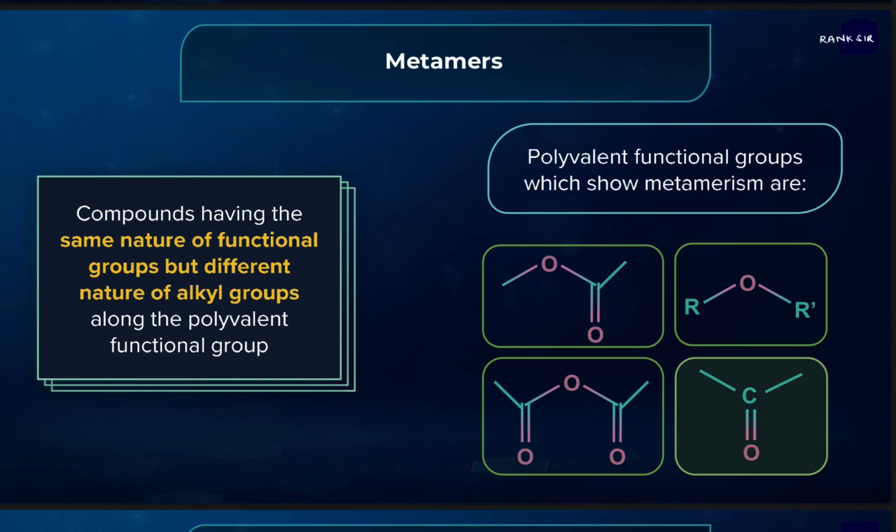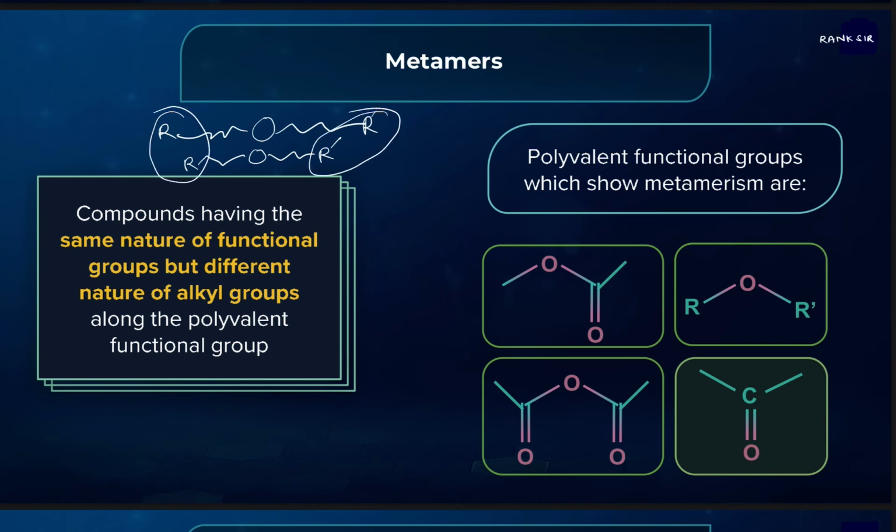Generally keep in mind this is an oxygen, this side R, this side R dash. Next, oxygen, and here oxygen, R dash. So different in this alkyl group, different in this alkyl group.